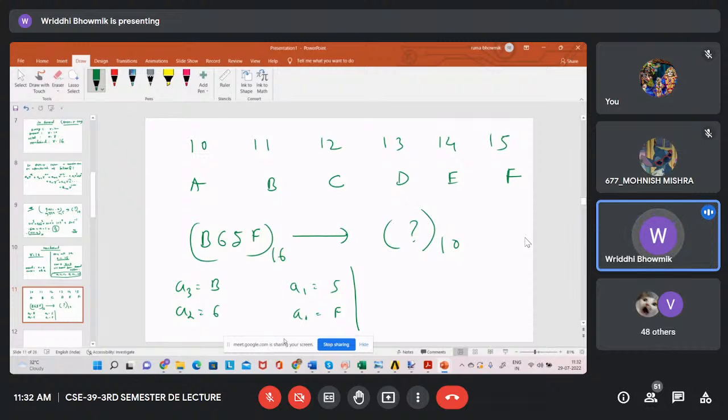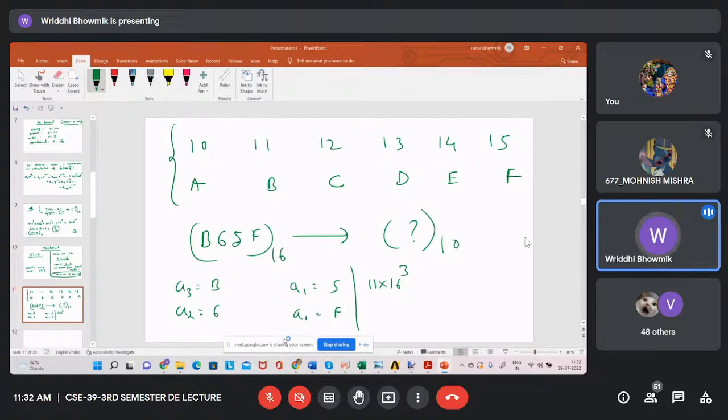After that, you will get the decimal number. So A3 means B, and B means 11. So 11 into 16 to the power 3. You have to understand that 10, 11, 12, 13, 14, 15 are represented by the letters. So it is the way of representation.